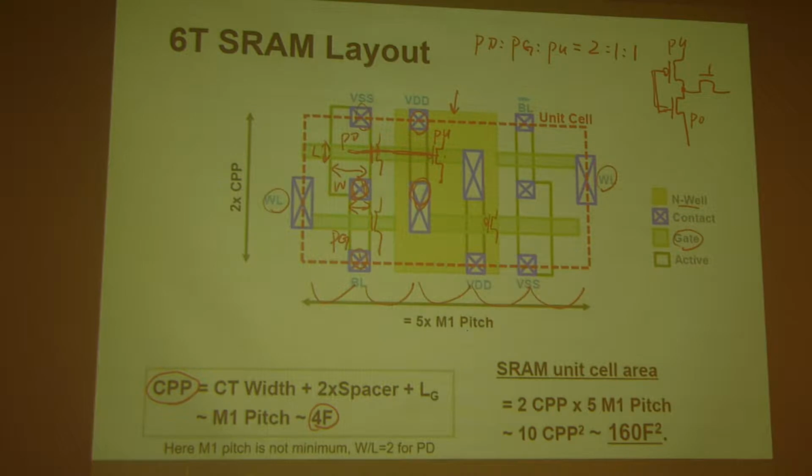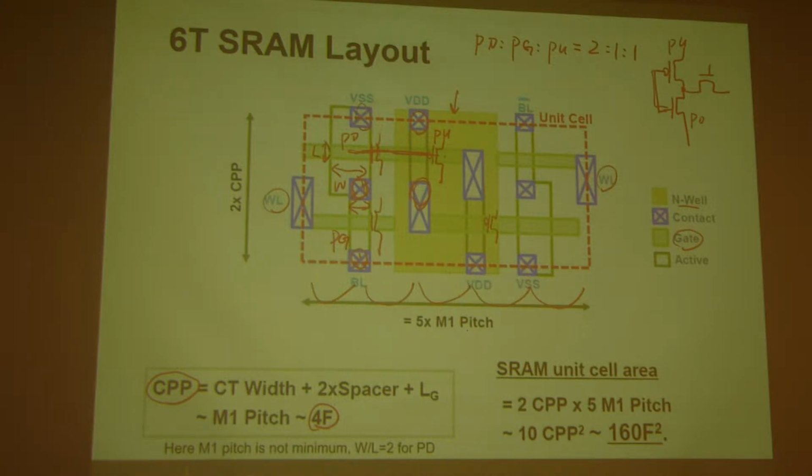I think I had one slide showing Intel's 22 nanometer design. The metal 1 pitch is like 90 nanometer, while the F is 22. So roughly this is 4 times. So if you use this, then 2 times 5 is 10 CPP square, and each CPP is 4F. So you get 160 F square.